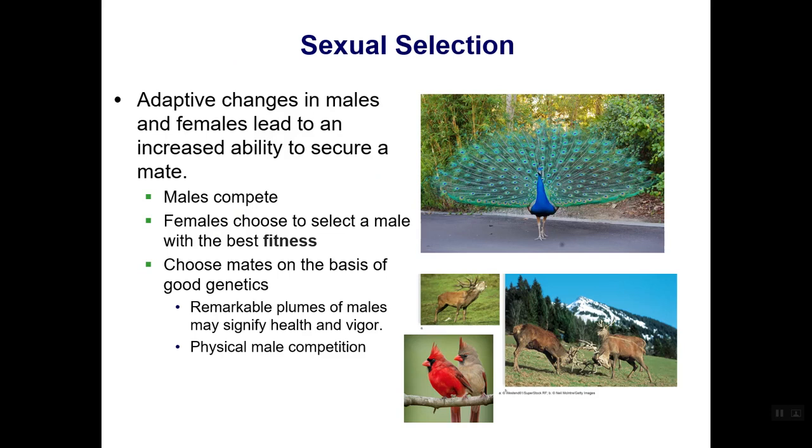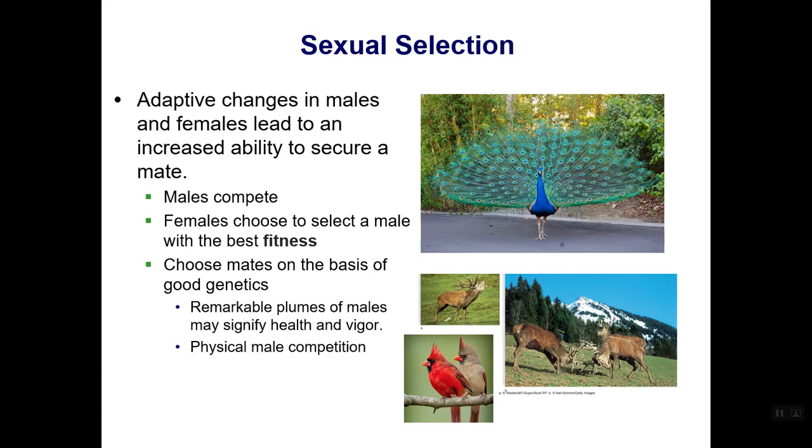It happens naturally. Another type of selection we need to discuss is sexual selection. So what sexual selection is are adaptive changes in males or females that lead to increased ability to secure a mate. Typically, in animal populations, males are going to compete for their females, and the females choose the males that they mate with based on which ones are the most fit.